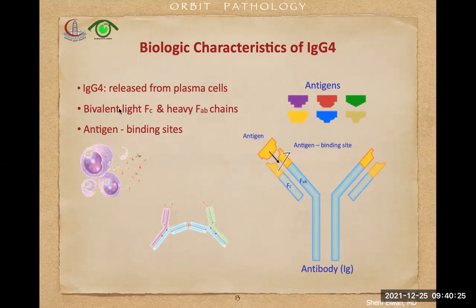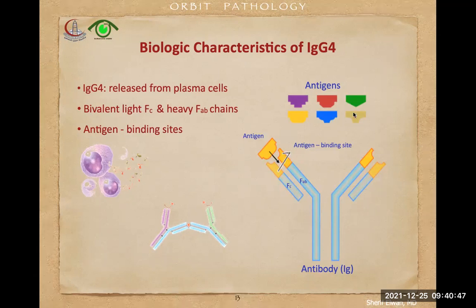Bi means two, valent, valency, with a light chain and a heavy chain. The heavy chain is composed of two parts, that's why it's given A and B names. So it's Fab, and the chain, the small chain, is Fc, and this gives a bivalent attachment site.